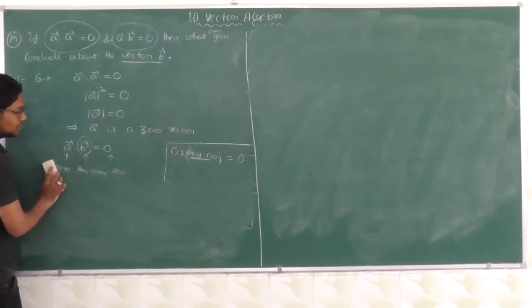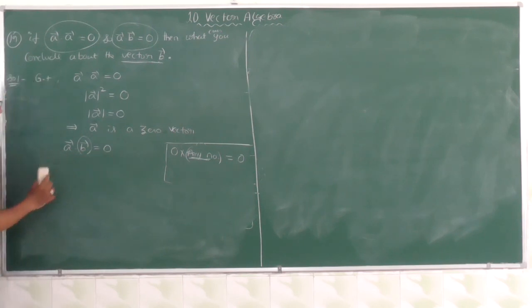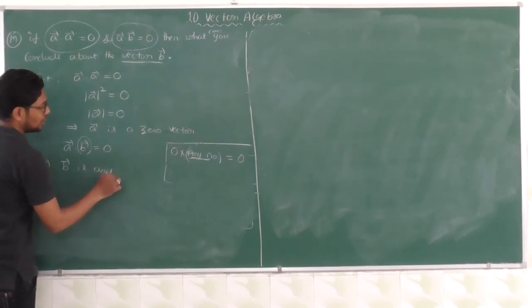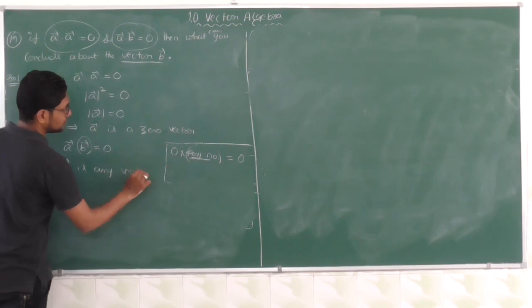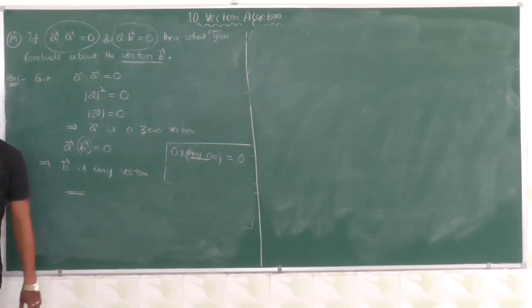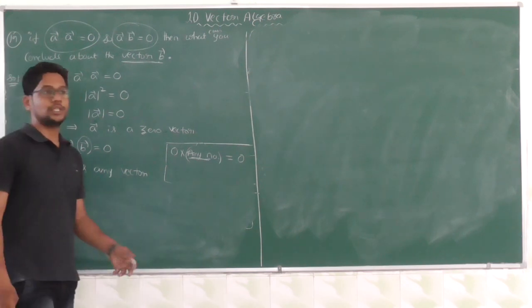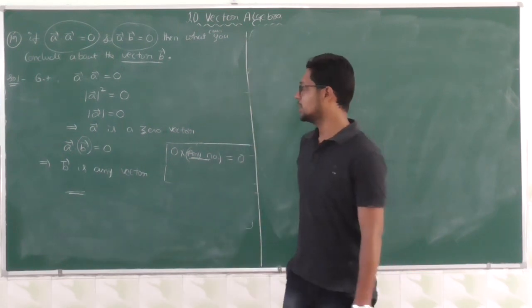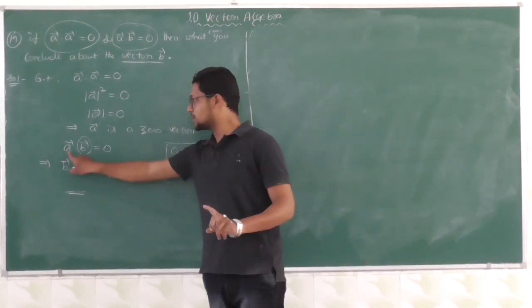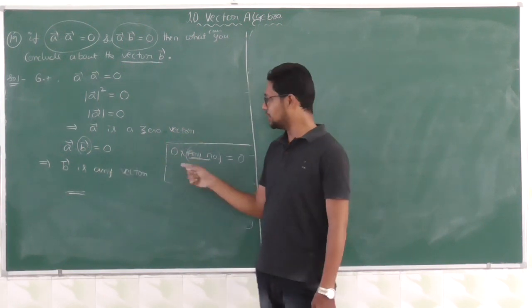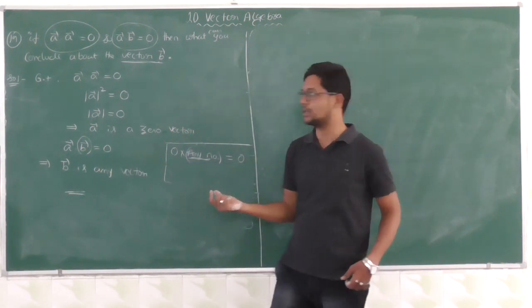Then what can we conclude about the vector B? B is any vector. Whatever it is, a zero vector, null vector, unit vector, parallel vector or collinear vector, zero vector dot any vector equals 0. In numericals, 0 into any number is 0.